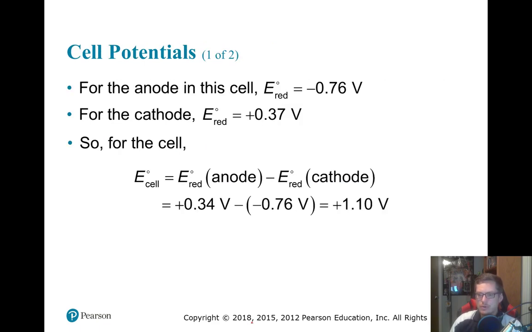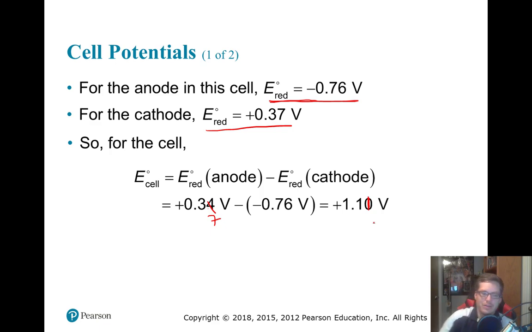For example, if you have an anode in some cell where the reduction potential is negative 0.76 and the cathode is positive 0.37, all we have to do is plug these in. Cathode minus anode: 0.37 minus negative 0.76.